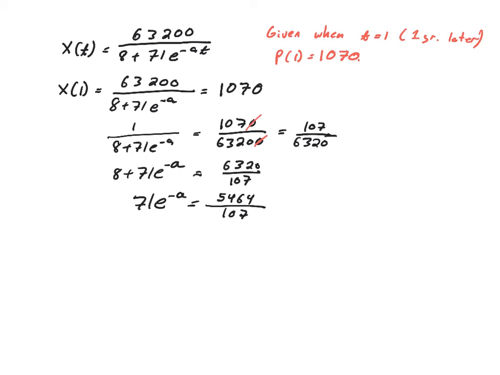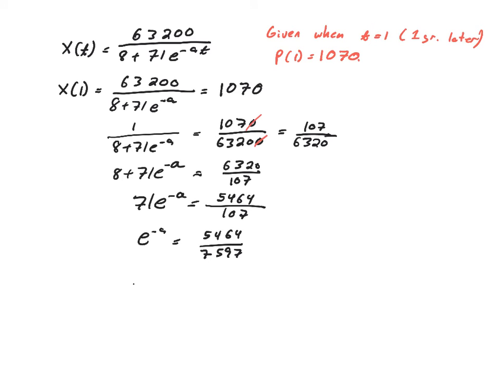And then I'm going to take that number and divide by 71. So I should get e to the negative a is equal to 5,464 divided by 7,597.